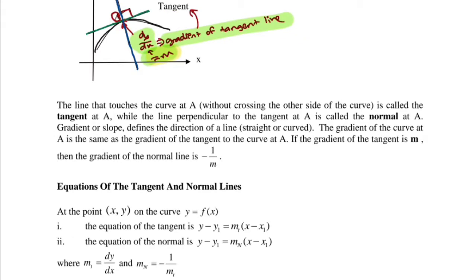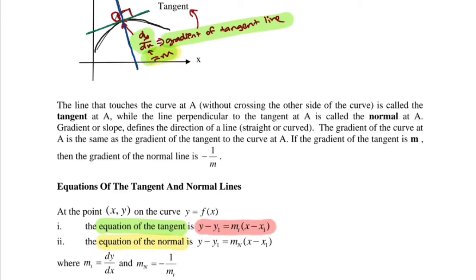Now what about the equations of the tangent and normal lines? The equation of the tangent line is y minus y1 equals m times x minus x1. The equation of the normal is also the same.